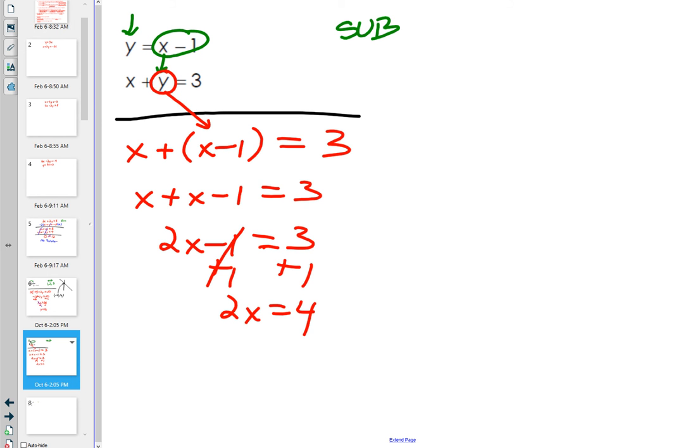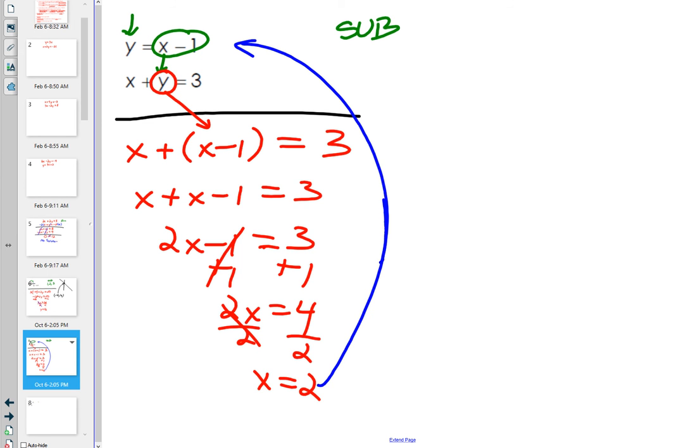2x is equal to 4. Since I was able to solve for one of the variables, that means that I have to have one solution. These are also going to cross once. I know that the x of where they're going to cross is 2. I don't know the y. The way I find the y is to get this 2 and I can plug it into either equation.